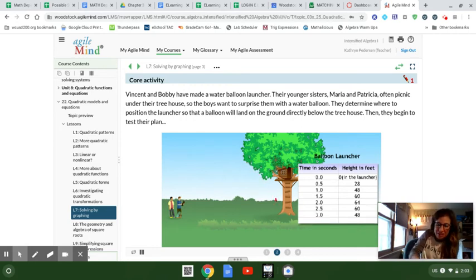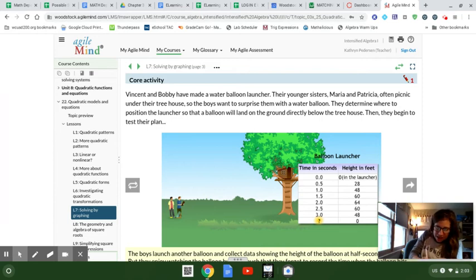0 seconds, 0 feet, 0.5 seconds, 28. I'm going to keep just copying the table, and hopefully you are doing the same in your workbook. 60, 48, and it looks like this question mark here is 3.5, which we have in our table in the workbook, and it says 0 here.